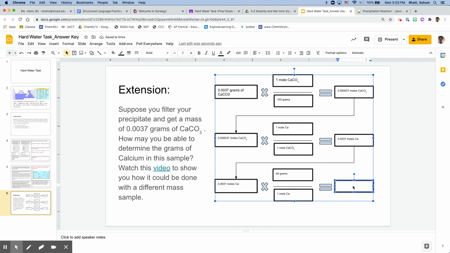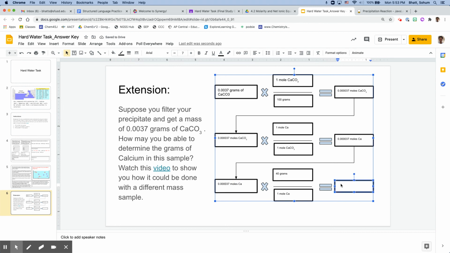And 40 times 0. Oh, actually, I left off a couple of zeros. So we'll have to add in 2 zeros here.